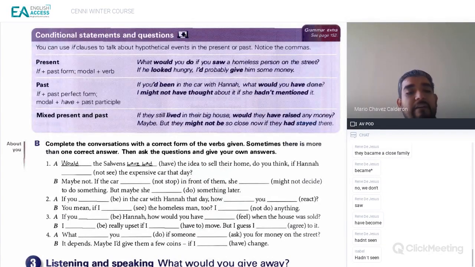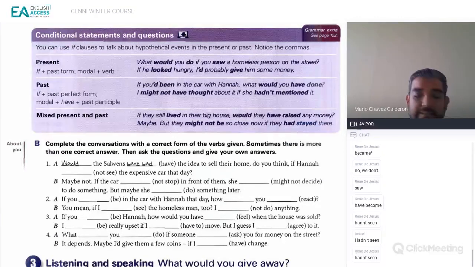Would the Solons have had the idea to sell their home, do you think, if Hannah hadn't seen the expensive car that day? What do you think? Maybe not. If the car in front of them.